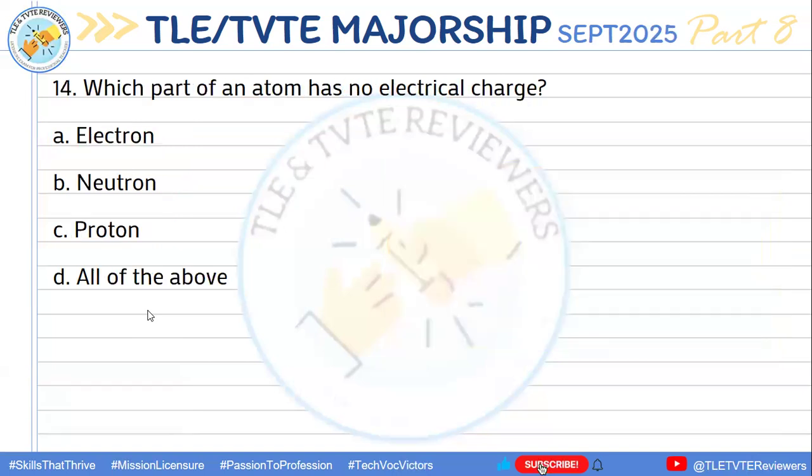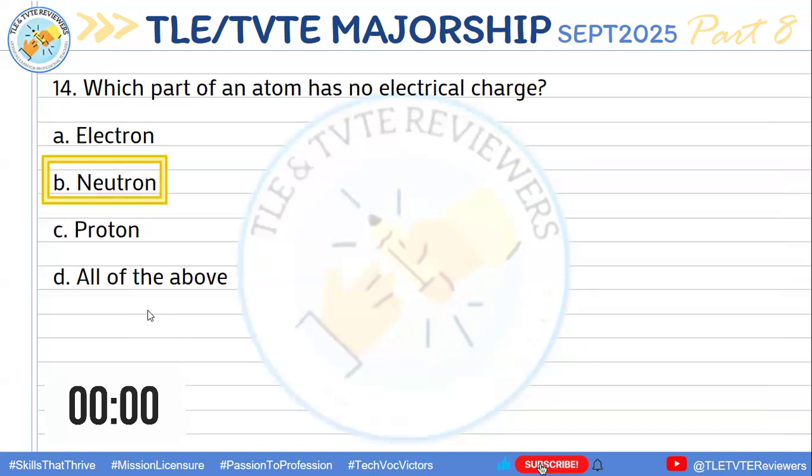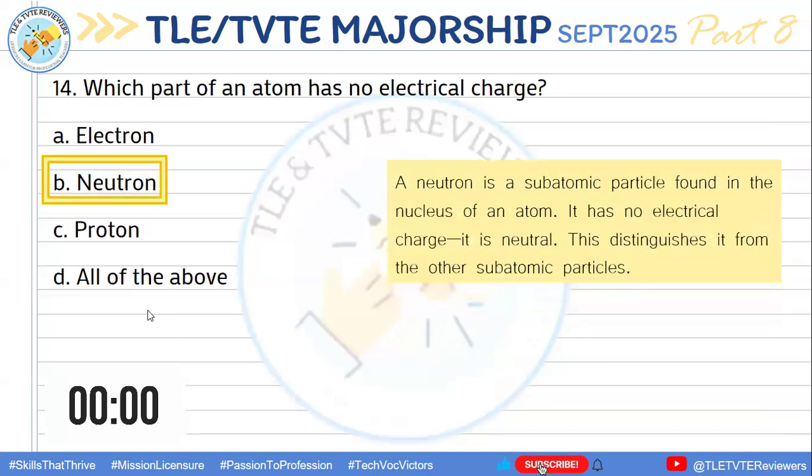Number 14, which part of an atom has no electrical charge? A, electron, B, neutron, C, proton, D, all of the above. Answer letter B, neutron. A neutron is a subatomic particle found in the nucleus of an atom.